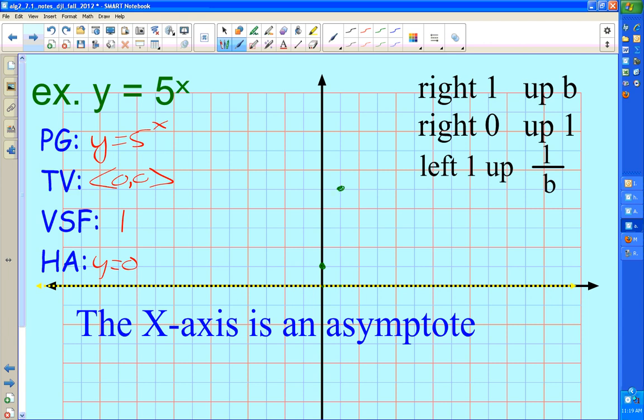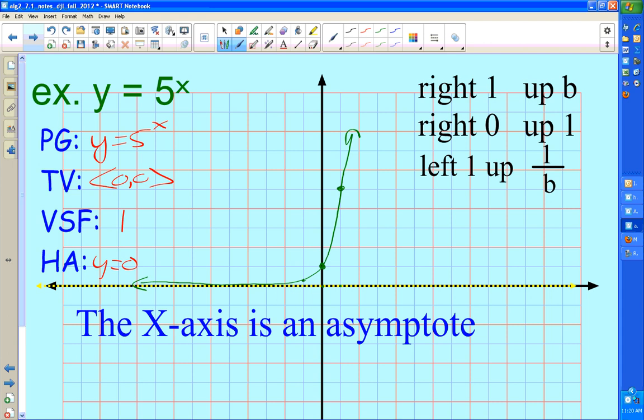Your base is 5. And left 1, up 1 over the base. Notice as our base gets bigger, 2, 3, 4, 5 in this case, the graph gets steeper. So we come along the x-axis, go through our critical points, and that's our graph.